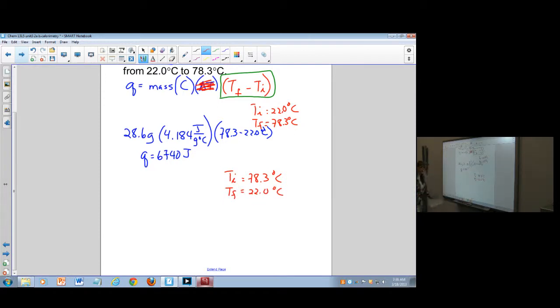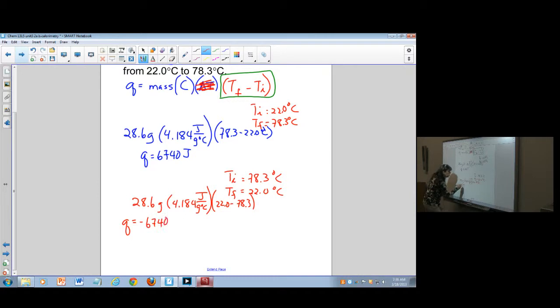Now, I want you to see the difference it makes. Now I've got 28.6 grams times 4.184 joules per gram degrees Celsius times 22.0 minus 78.3, and when you calculate this, Q works out to be equal to negative 67.40.